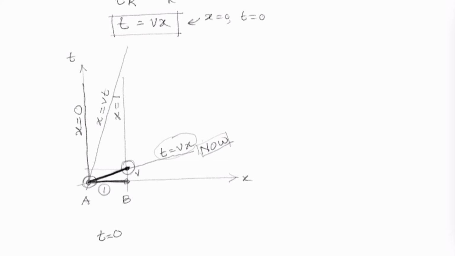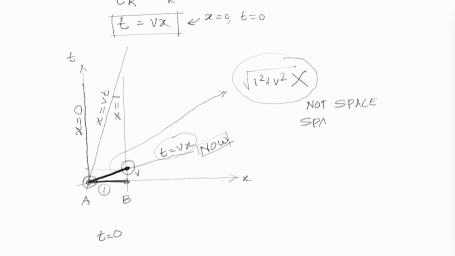So by Pythagoras, this length is the square root of 1 squared plus v squared. You cannot calculate it that way. Ordinary notions of space geometry do not work here. This is not space. This is space-time. Pythagoras does not work here.